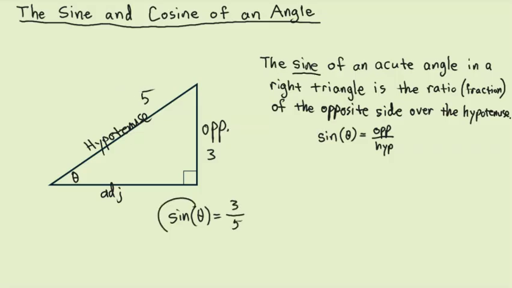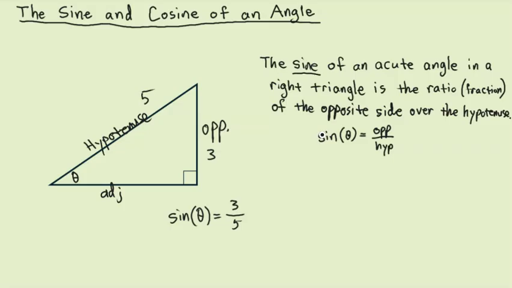So we would just say that sine of theta is 3/5. Do your best not to complicate this. That's really all there is to it. If you want to know the sine of an angle, just put the measure of the opposite side in the numerator and the measure of the hypotenuse in the denominator, and you're done.